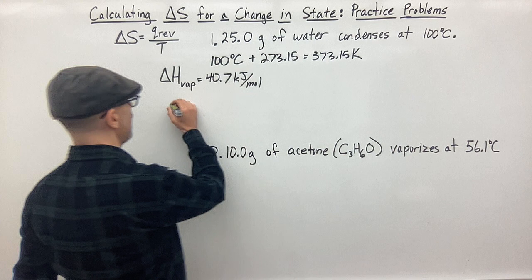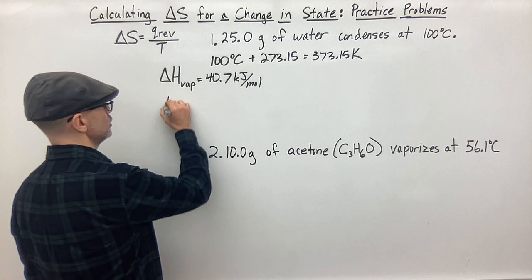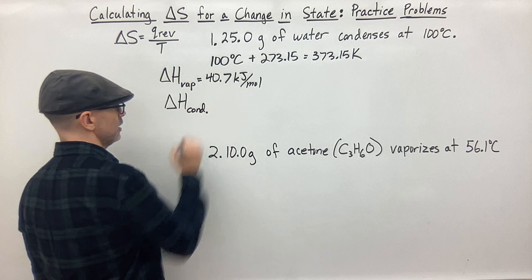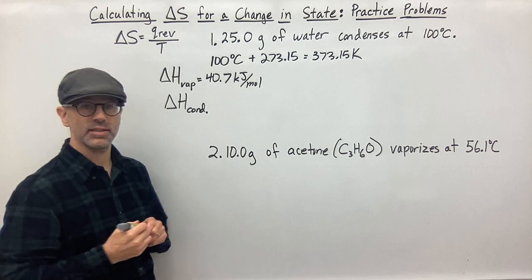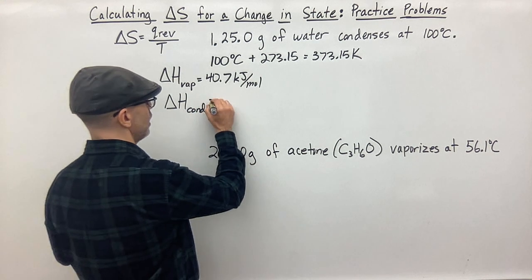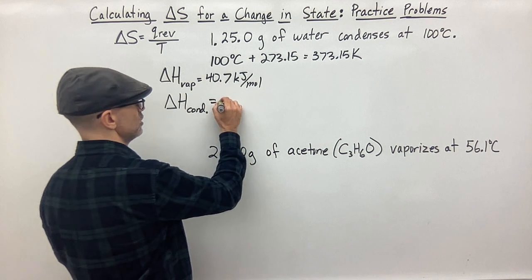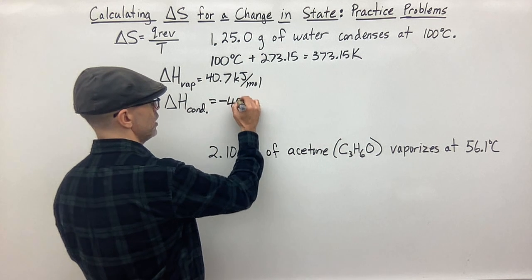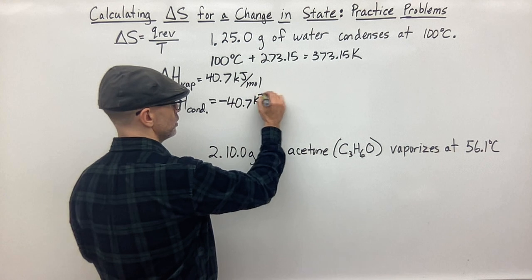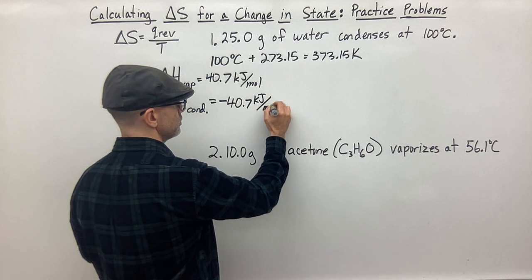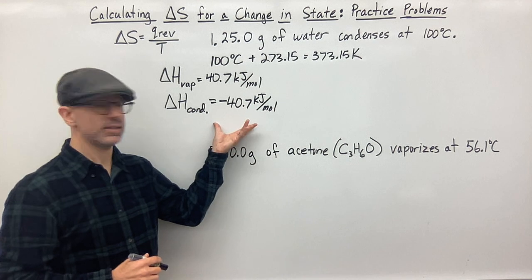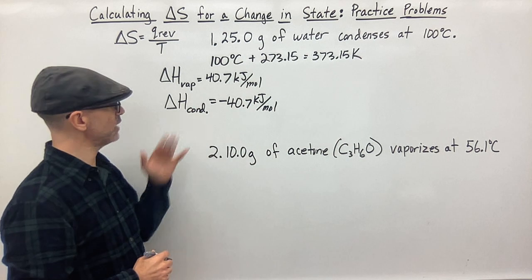So the delta H of condensation, which is the opposite of the heat of vaporization, is negative 40.7 kilojoules per mole. Okay, so we have our delta H of condensation, the heat of condensation.